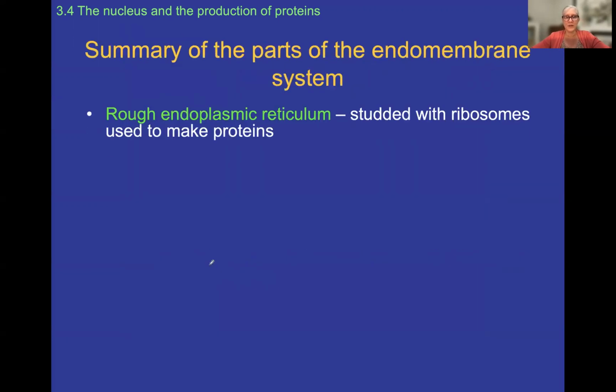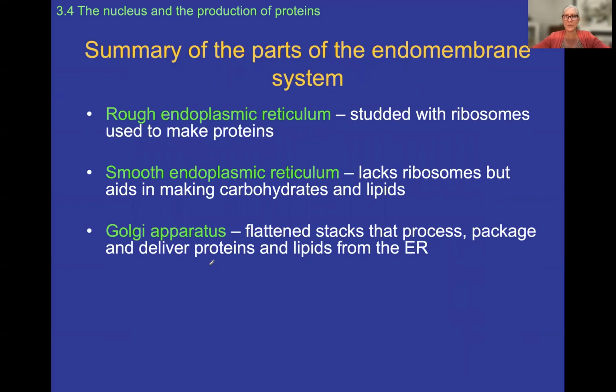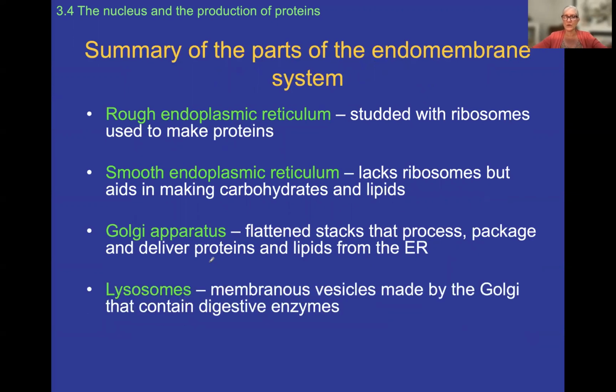All right. So what makes up the endomembrane system? You saw it on the earlier picture. These are the main structures. Rough ER or endoplasmic reticulum has ribosomes. That's why it is rough. Smooth ER does not have ribosomes. It's going to have a different job working with the metabolism of carbohydrates and lipids.